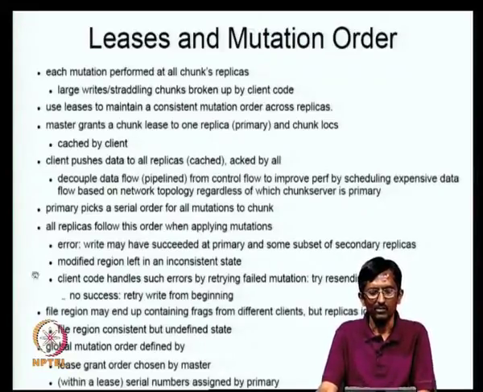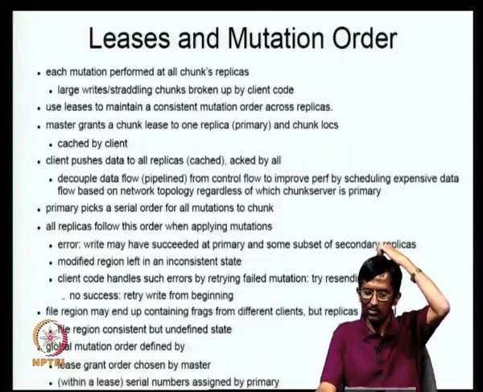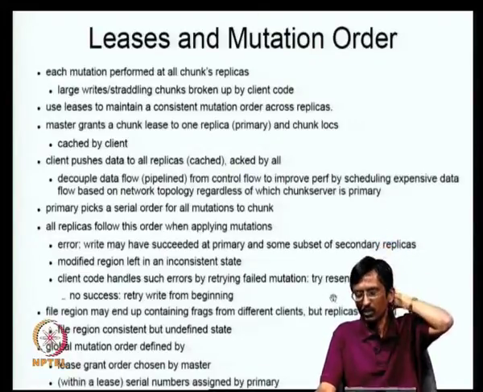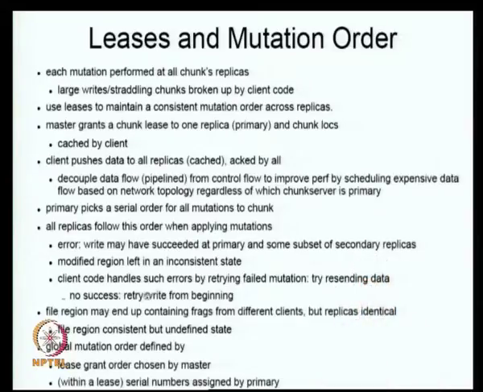So, client code handles such errors by retrying the failed mutation. The client was the party who initiated the write, so it tries to write again. What is the model here? The minute there is an error, because only some parties succeeded in doing it, you can retry the whole thing again. It might be because some data could not make it, so you try resending the data, or it could be because of some other errors.